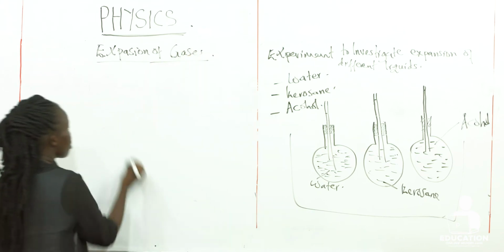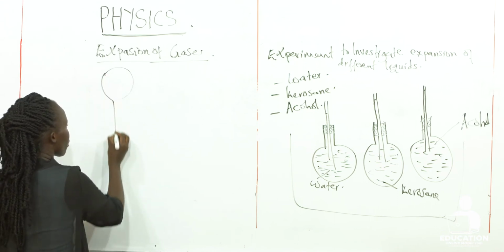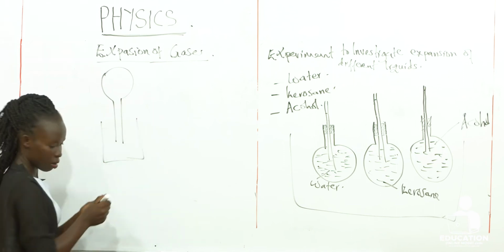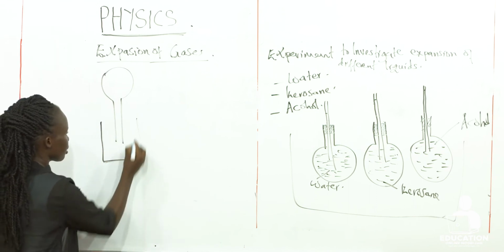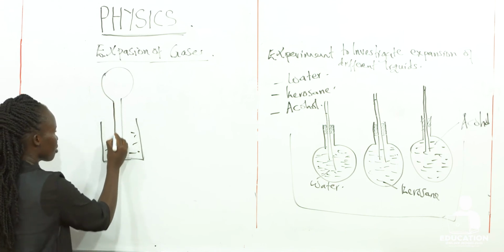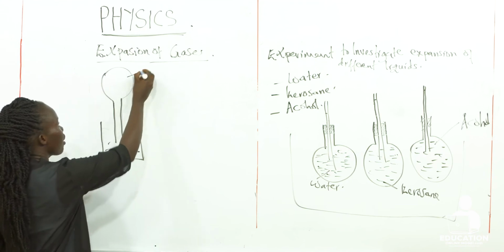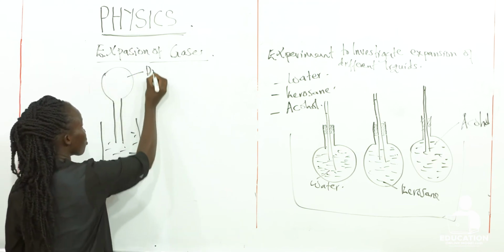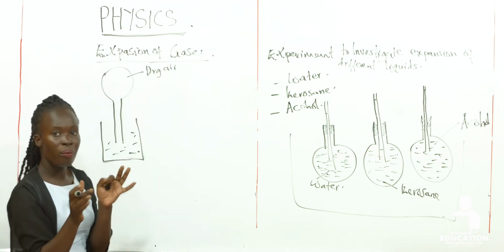With the gases, if we have our flask here, we invert this flask. So we have our trough here with water as our liquid. This is filled up with liquid, and this one here is filled with dry air, the air which has no liquid, no moisture in it.